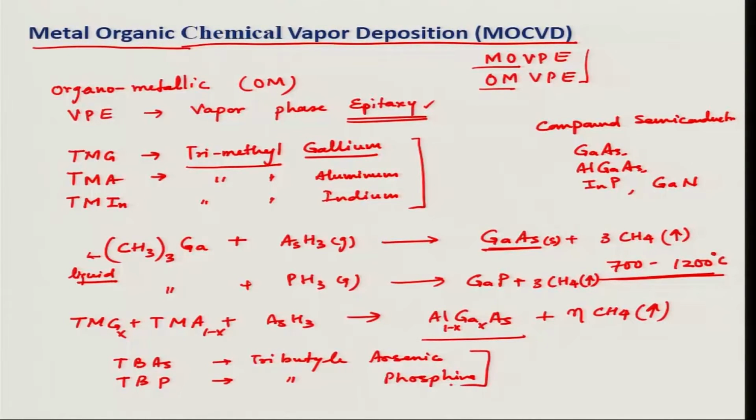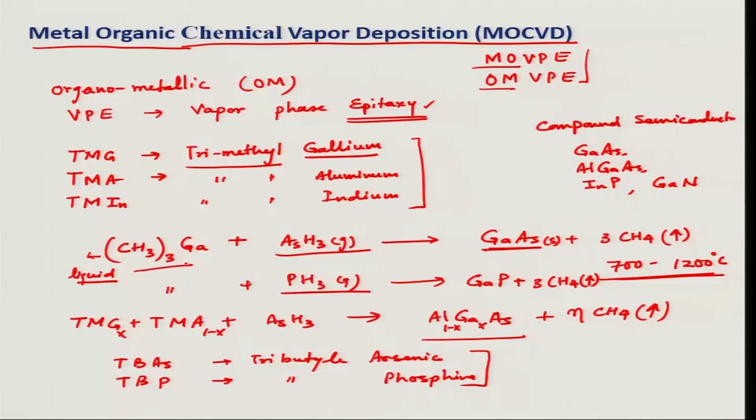Instead of using these gases, you can also use metal organic replacements of these. The reason for this is because these gases, arsine and phosphine, are highly toxic, they are very toxic. Okay. That is why, though these are still used with a lot of safety controls, they are slowly being replaced. Okay.